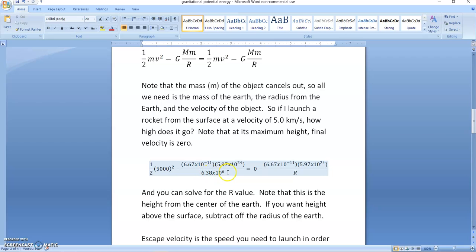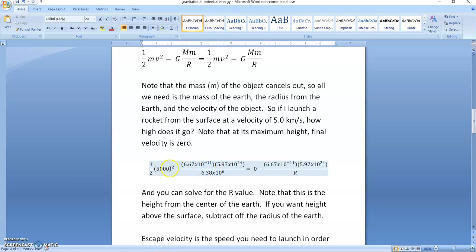So 6.38 times 10 to the 6th meters is the radius of the Earth. If we were launching it from some platform high above the surface, we'd have to add its height to this radius. So if I went to launch maybe from the top of Mount Everest, we would take this radius of the Earth and add in the height of Mount Everest, and that's my actual radius that I'm launching from. Usually we just launch from the surface.